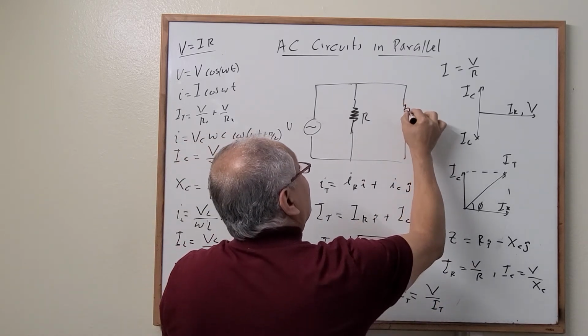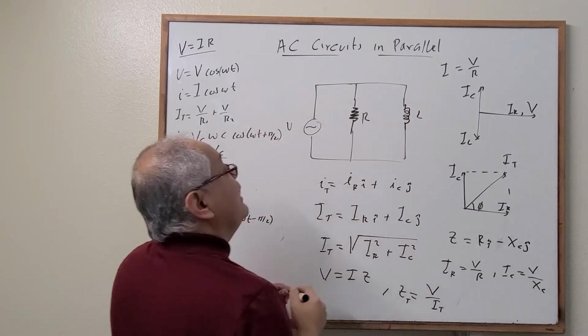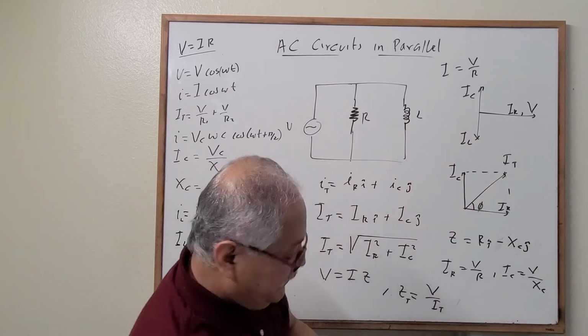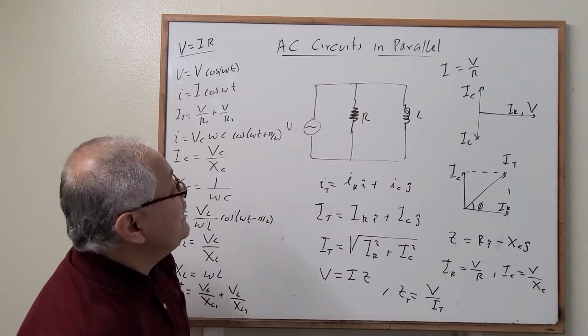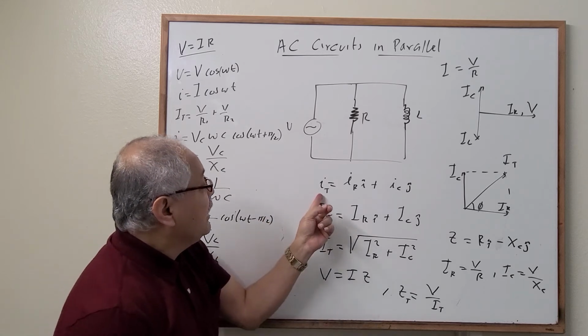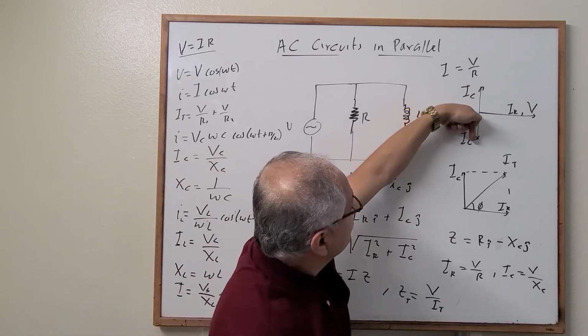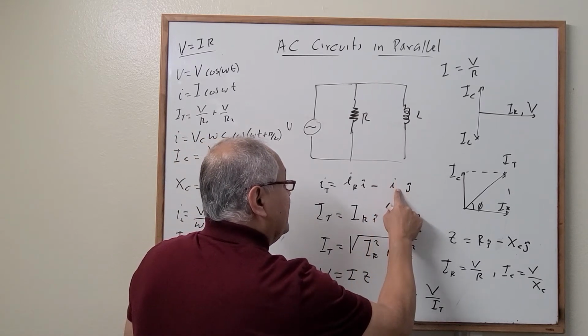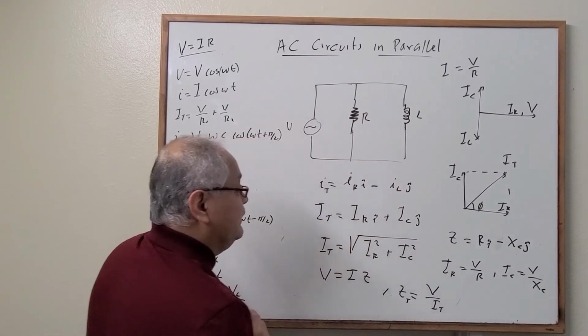Perfect. Imagine that's the inductor. Right. Now we are dealing with this part right here. Perfect. What should be the total instantaneous current? Well, because this goes down, it's gonna be negative, correct, the current through the inductor.